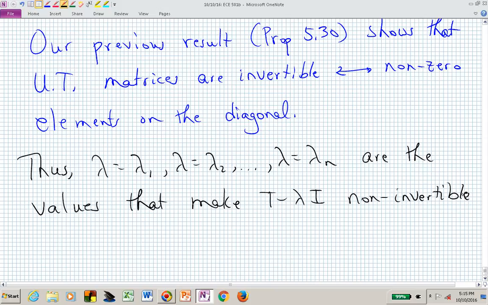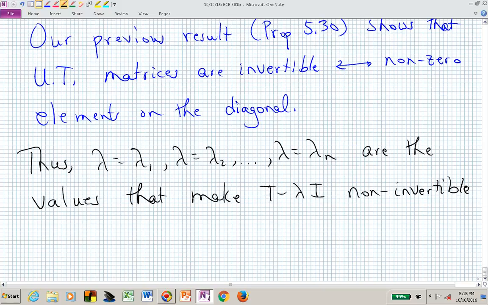That will make you have a 0 on the diagonal if you have any of those lambdas equal to lambda 1 through lambda sub n. And hence, those values of lambda have to be the eigenvalues of our linear map.